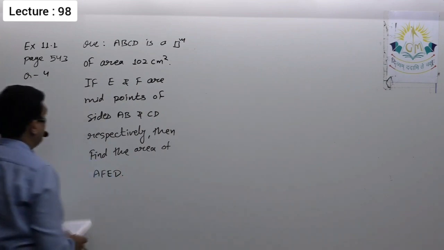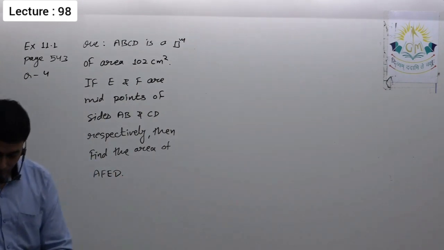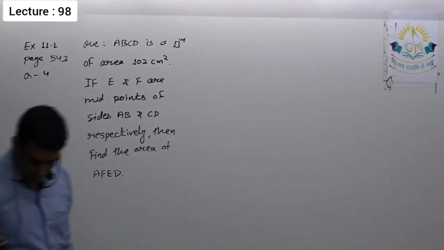That we have to find. ABCD is a parallelogram, and E and F are midpoints.